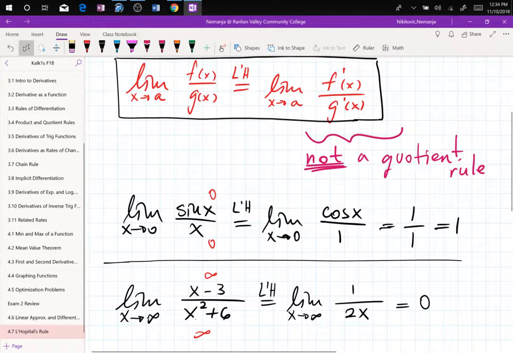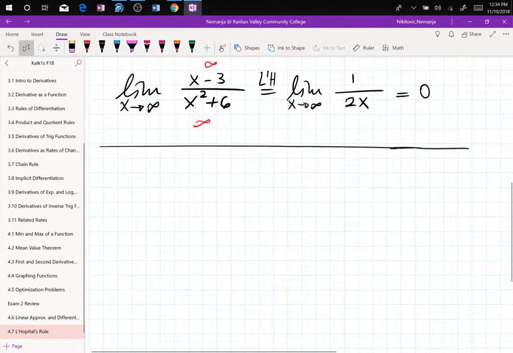Now we are going to take a look at cases that arise for limits where you can transform them to what you see over here. So here is the 0 times infinity case. The 0 times infinity case is when you plug in your values and you get 0 times infinity.